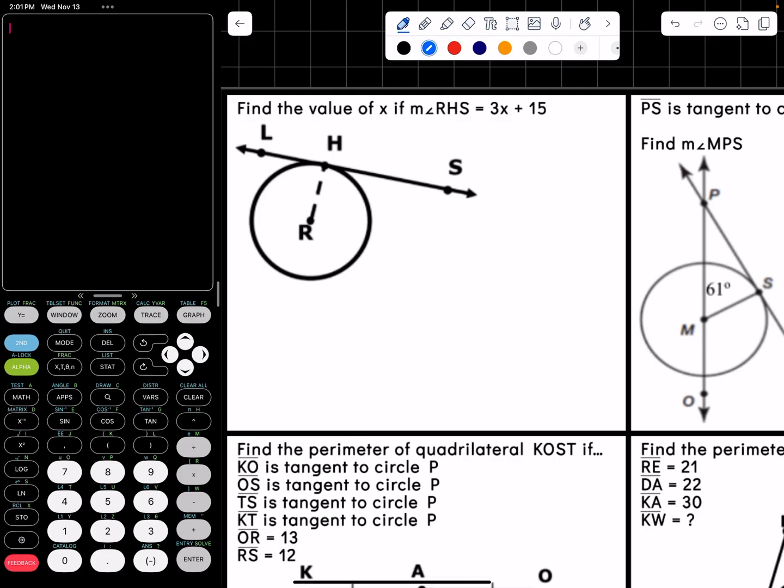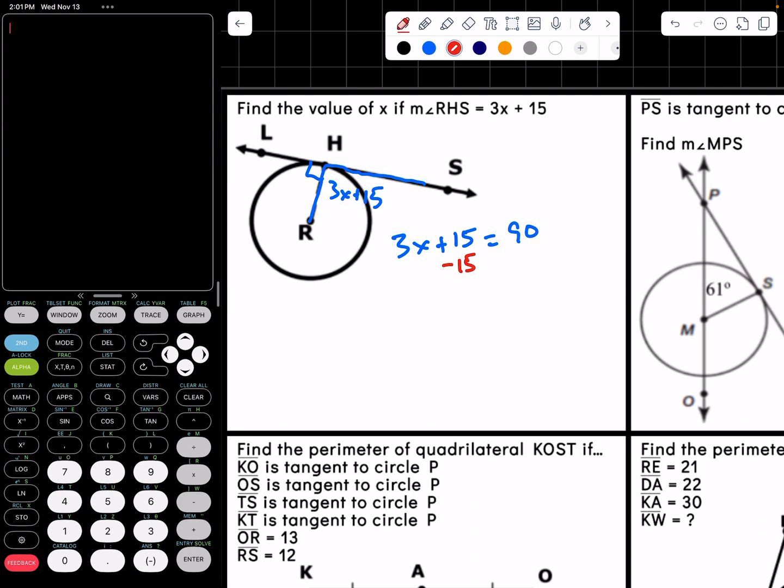So find the value of x if RHS equals 3x plus 15. Well, I know that tangent lines that meet the radius are going to meet at a 90-degree angle, so I can say that 3x plus 15 is going to equal 90 degrees. And all I need to do here is solve this down.